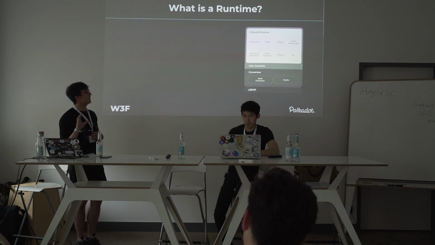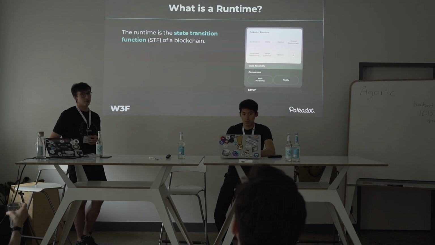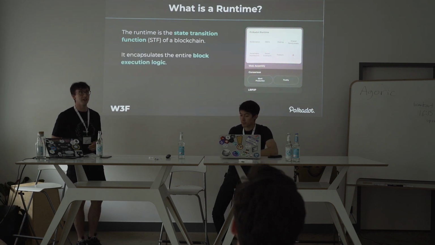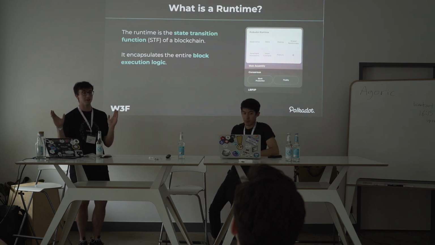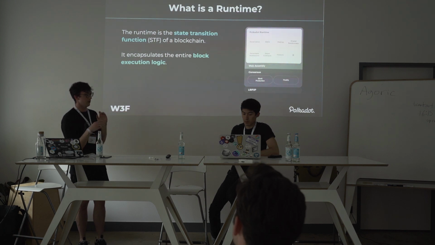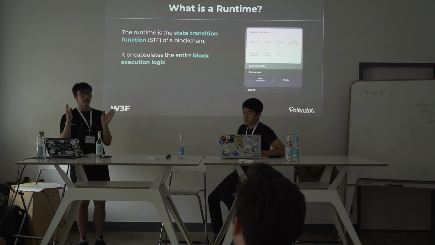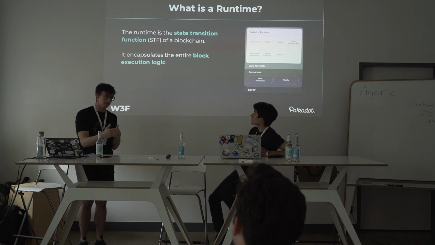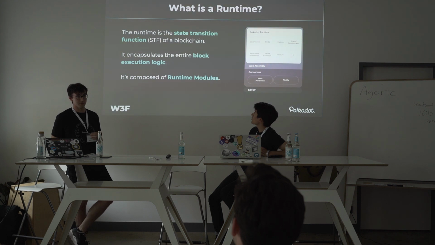So what is the runtime? So the runtime is the state transition function of the blockchain. You can also think of it as the block execution logic. So between one block and the next, it's essentially what's determining the new state of the chain from the old state of the chain, plus the transactions. And this runtime is composed out of the runtime modules.